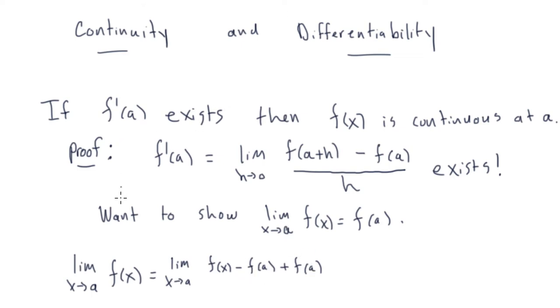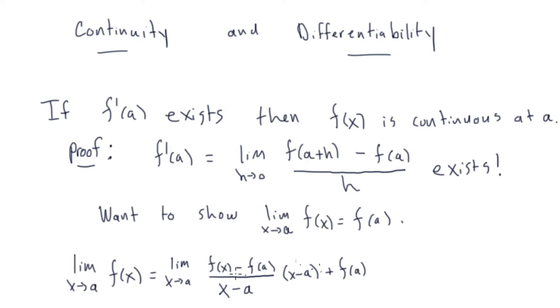So these are still equal. And now I'm going to do one more thing. I'm going to divide by x minus a, and then multiply by x minus a. And now notice, because I'm taking the limit as x approaches a, I'm not multiplying and dividing by 0, because I don't care about what happens when x is equal to a.